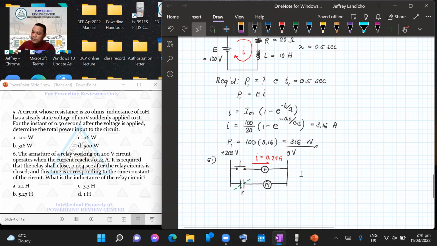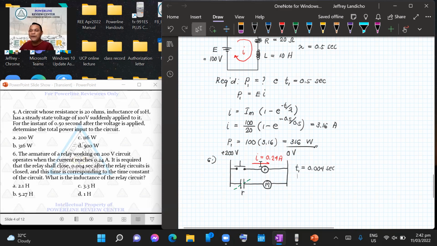The problem states that 0.24 ampere will pass through the coil of the relay at time equal to 0.004 seconds. So, starting when we close the switch at time equal to 0, the current continually increases, then reaches 0.24 ampere at 0.004 second elapsed since we closed the switch.